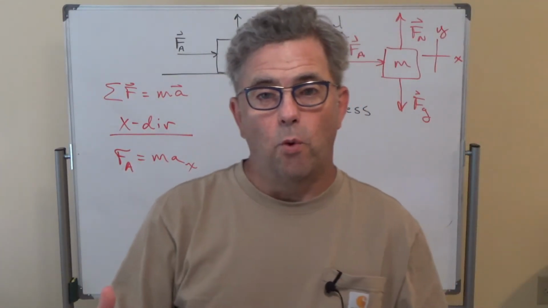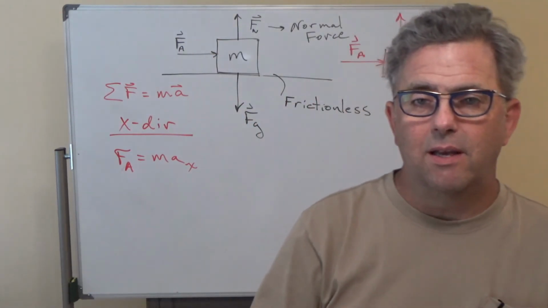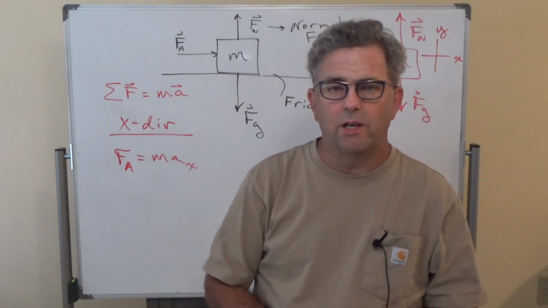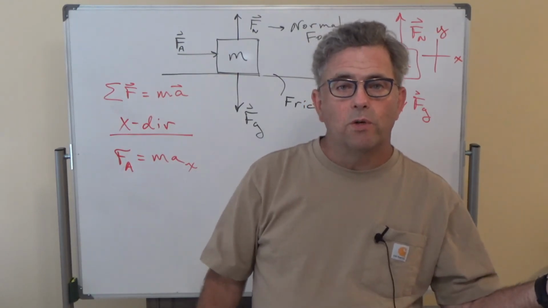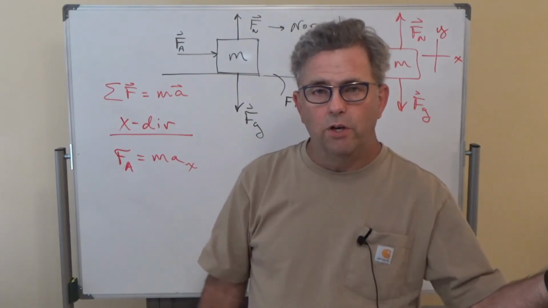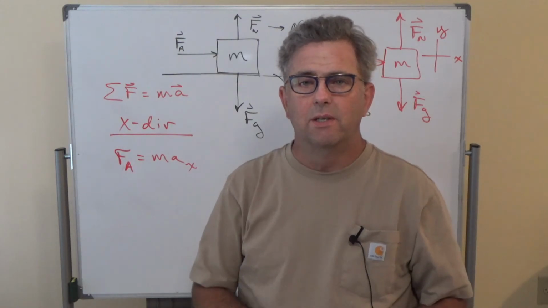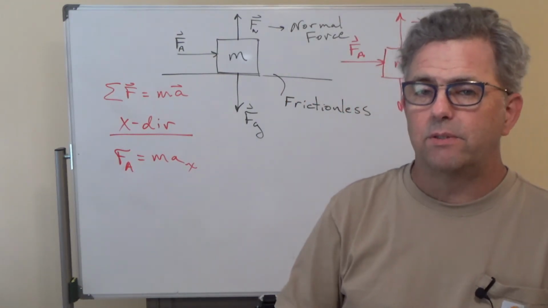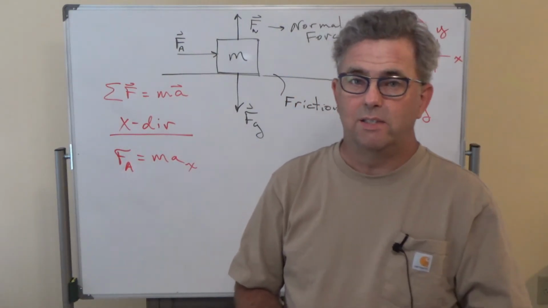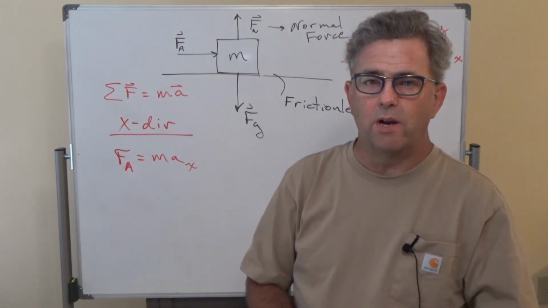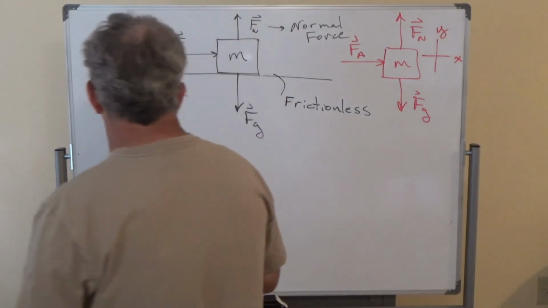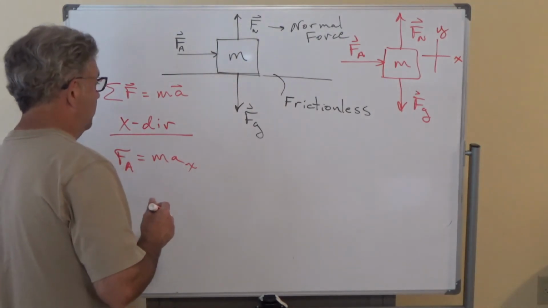So if we knew the force acting on the object and the mass of the object, it's a pretty simple calculation. Maybe the force acting on the object is 100 newtons and the mass of the object is 10 kilograms. And you've got a 10 meter per second squared acceleration. Okay? In the x direction.